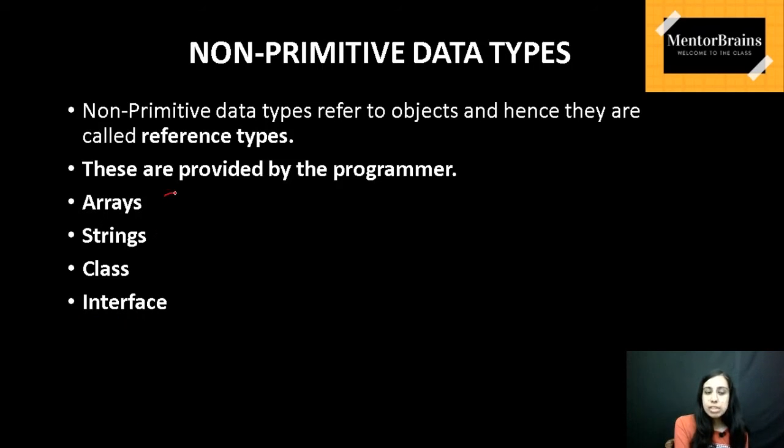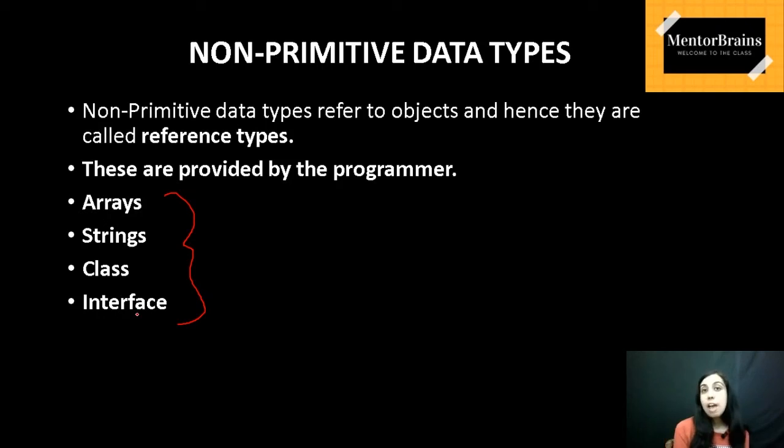So these other non-primitive data types are array, strings, class and interface. We are going to study each of them in detail later. These are very important, out of which I have already told you a bit about arrays in the previous lectures, in which I was telling you about square brackets and the subscript of an array.